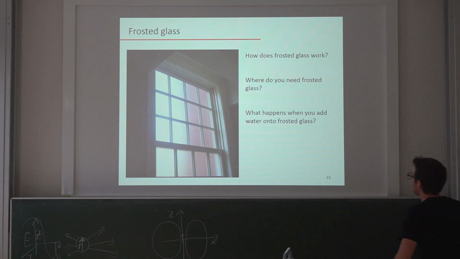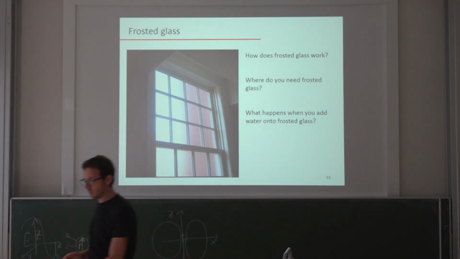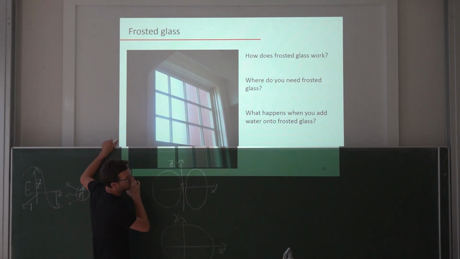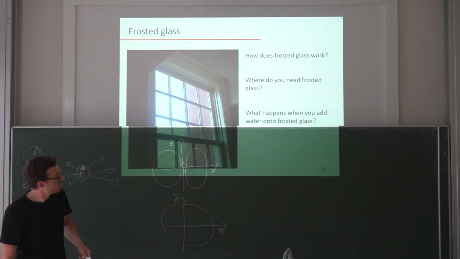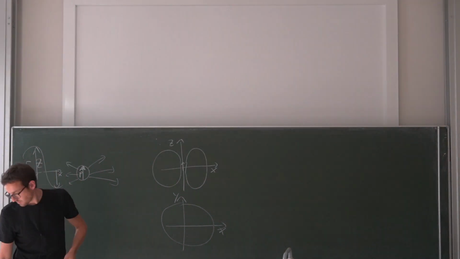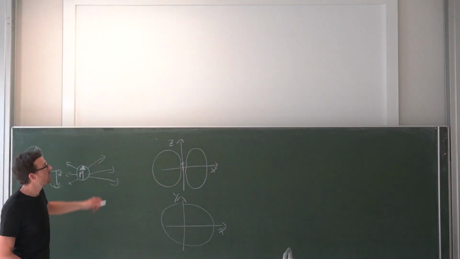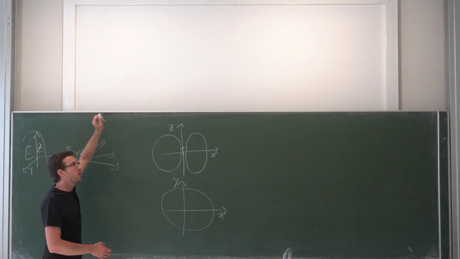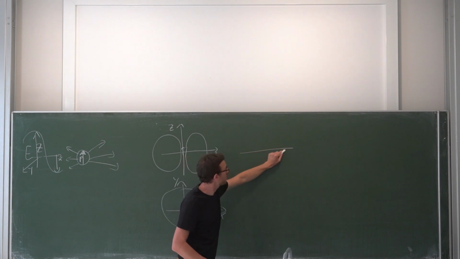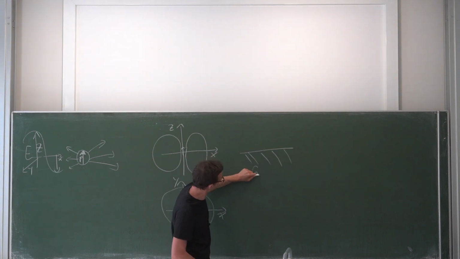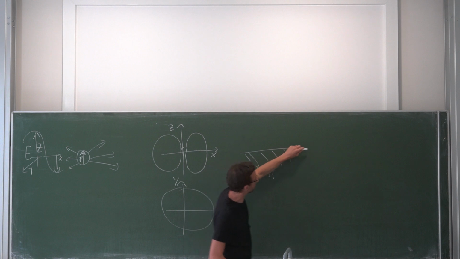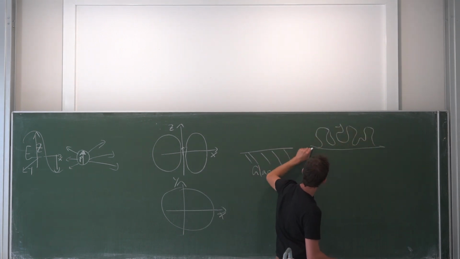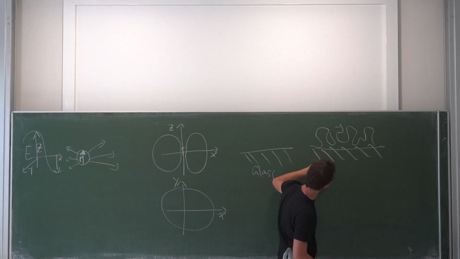So what is going on here? So frosted glass is done by making normal glass rough. And what you do when you make it rough is, instead of having a plain glass surface, you have a surface that looks something like this.